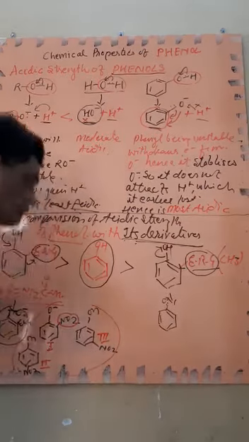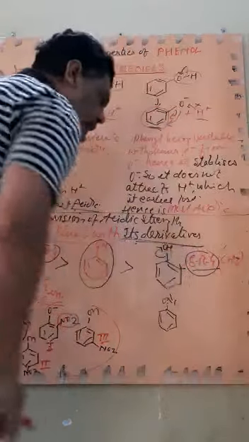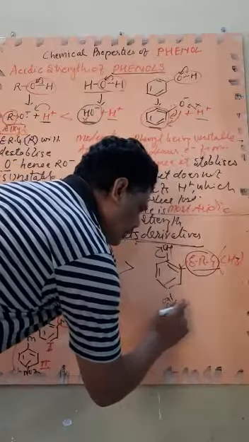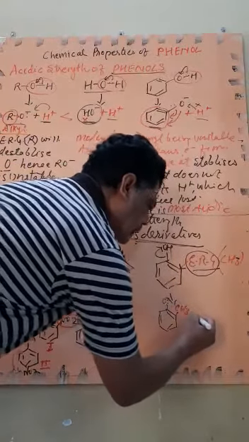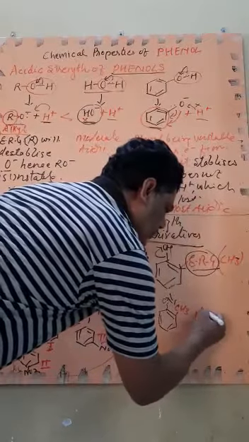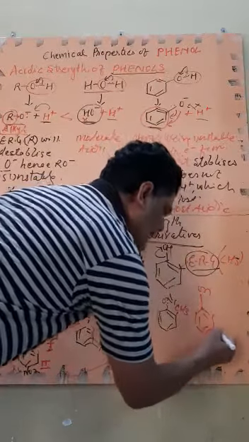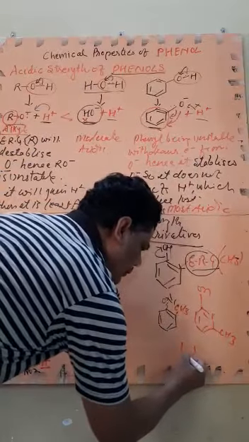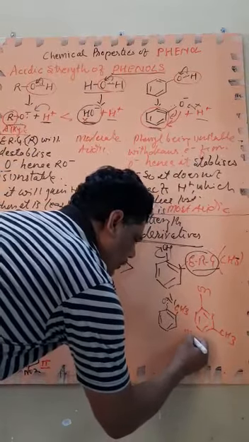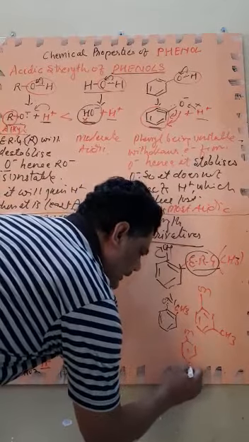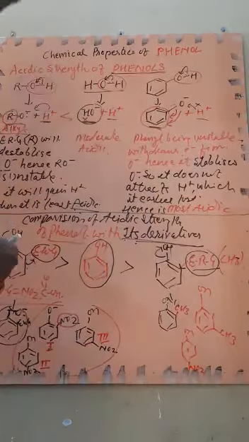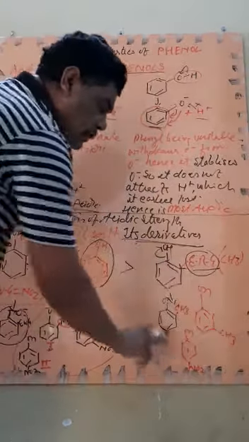Are you getting? Similarly student, here in case we take CH3 here, and in case we take one more OH and CH3, and in case we take one more substituent OH where it is in para position, then which one will be the most acidic among all these?